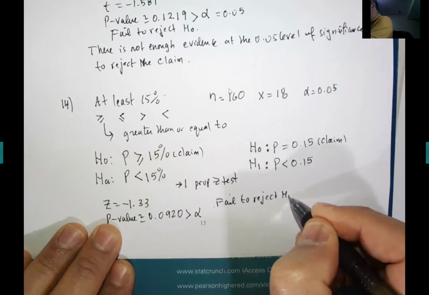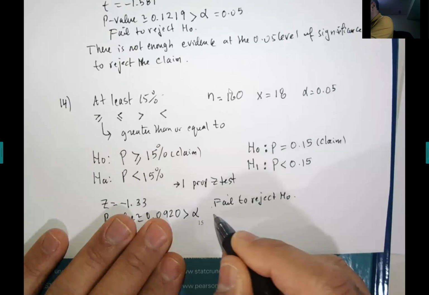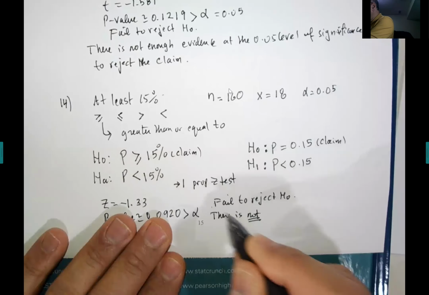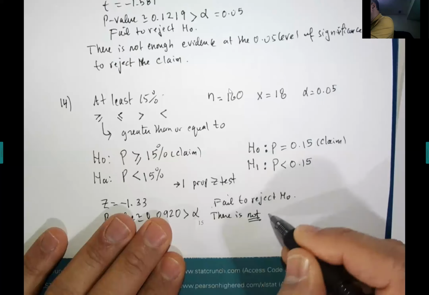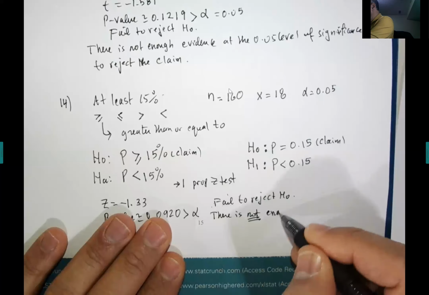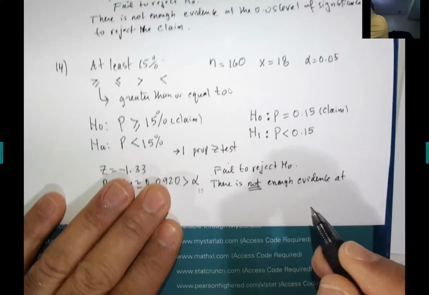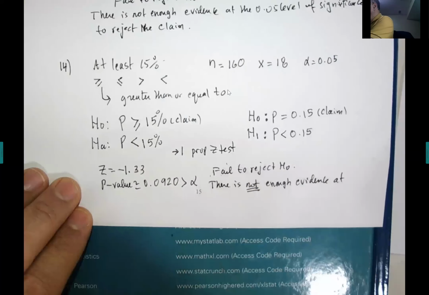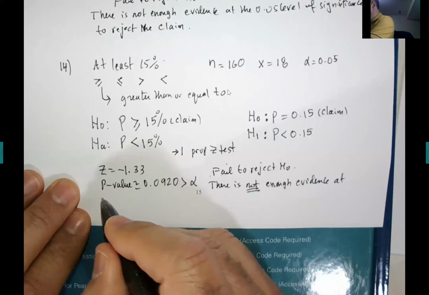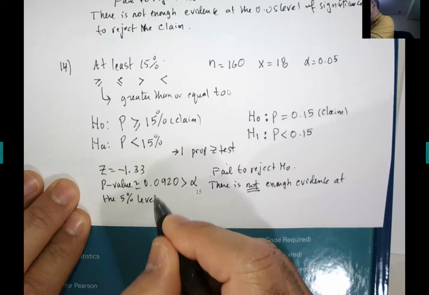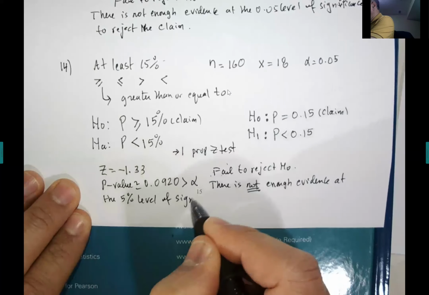And the conclusion. Every time you use the word fail, you have to put "not" here: there is not enough evidence at the 5%, or 0.05, level of significance to reject the claim.